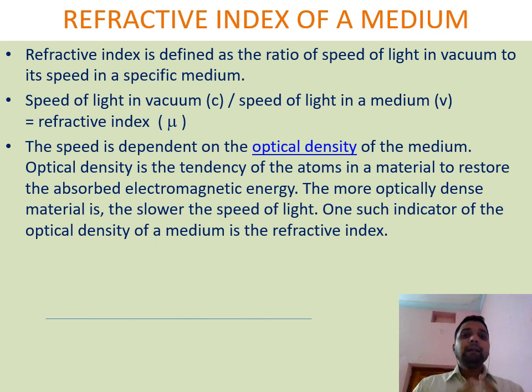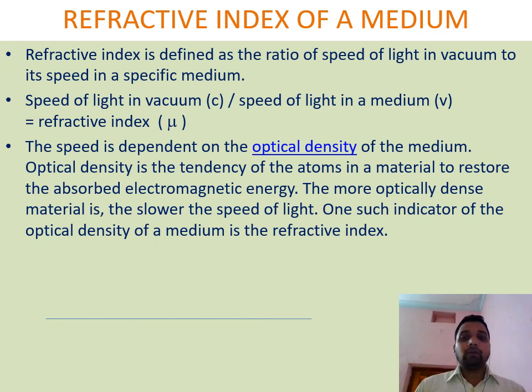The term optical density actually means the tendency, the property of a medium to absorb electromagnetic energy. An electromagnetic wave is one which is not affected by electric or magnetic field and does not require any medium to propagate.